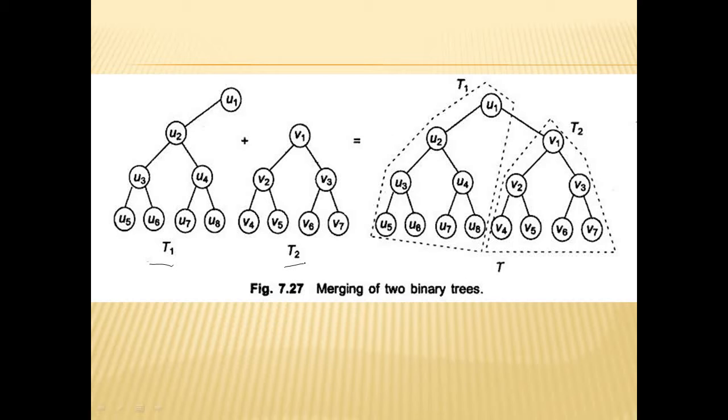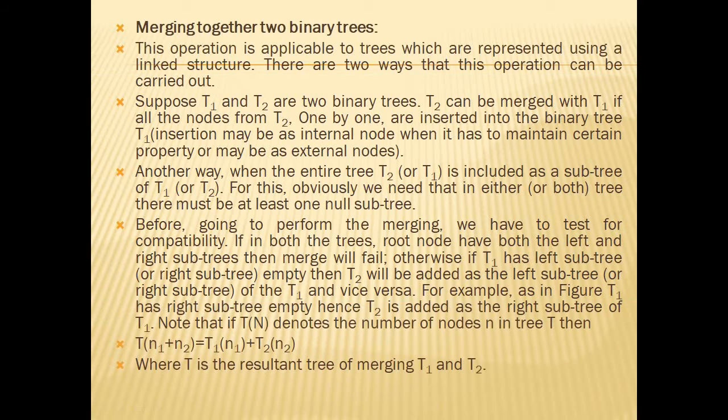When you observe T1, the right subtree is null. We don't have a right subtree, so we can simply link it with T2. So merging is done. That is one of the ways.